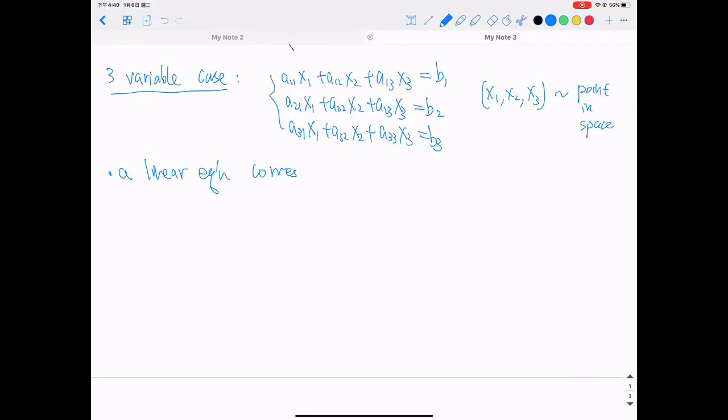Now, a linear equation corresponds to a plane in space. So three equations correspond to three planes.